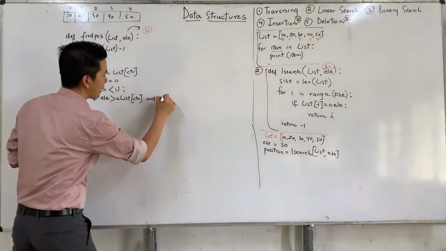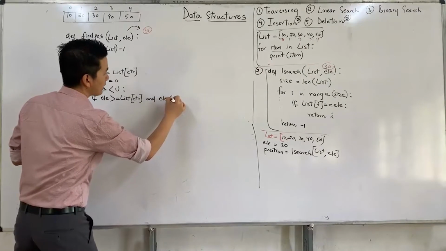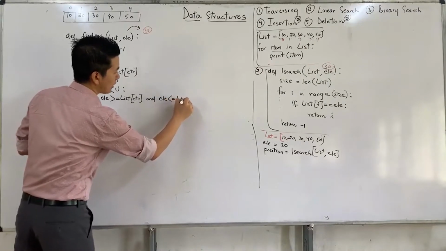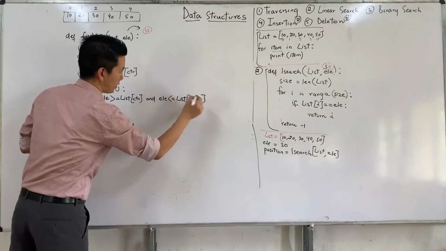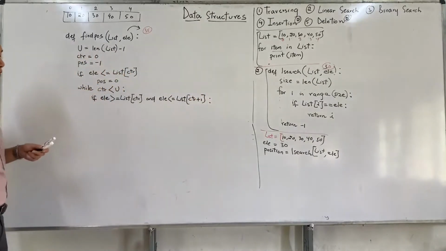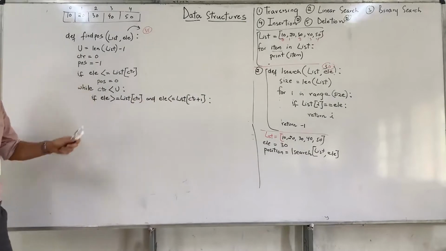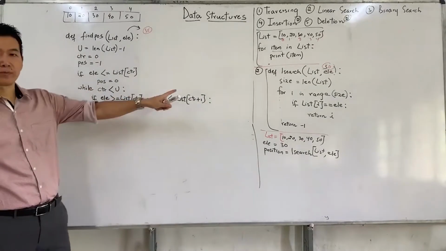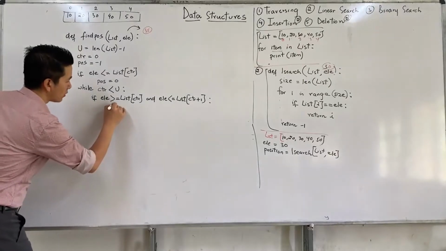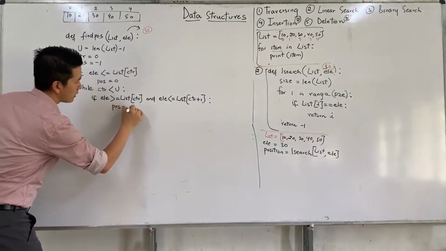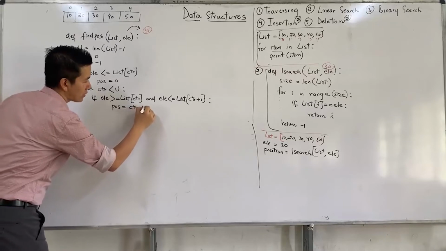Both the conditions need to be true. And then if ELE is less than or equal to list of CTR plus 1, you have the colon. So both conditions need to be true. If both the conditions are true, then the value of position will be CTR plus 1.